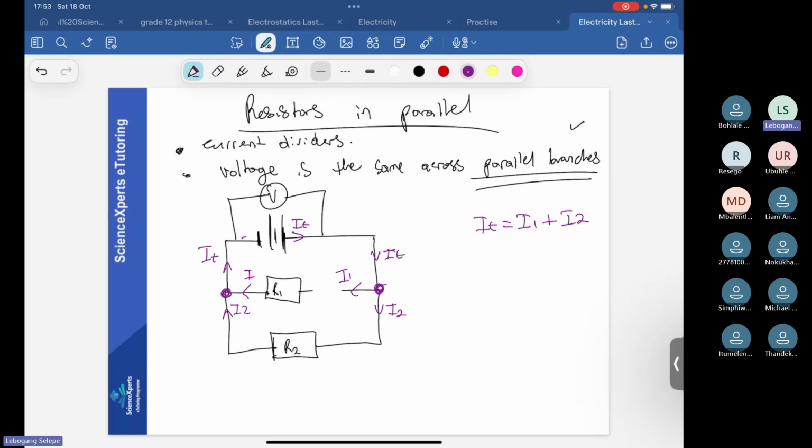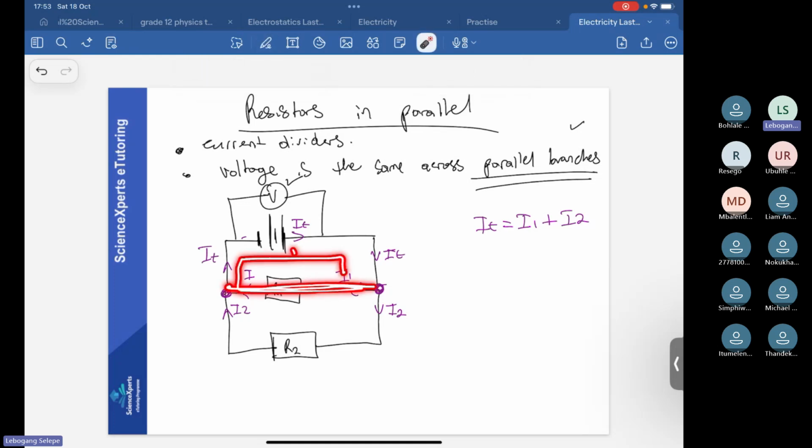Before we do that, let's say the voltage here is V. The voltage for this whole branch would also be V, and the voltage for this whole branch would also be V, right? It wouldn't change. The voltage here and here and here would be the same.